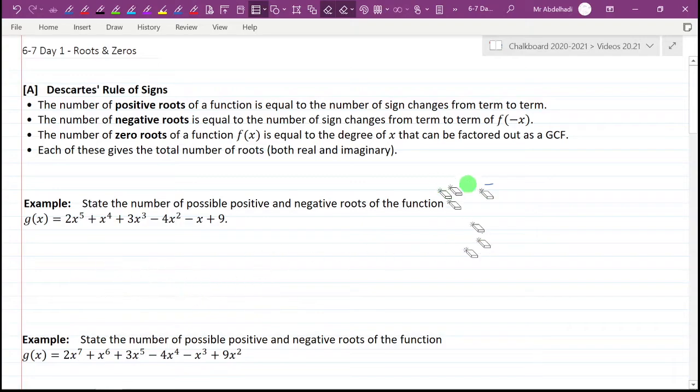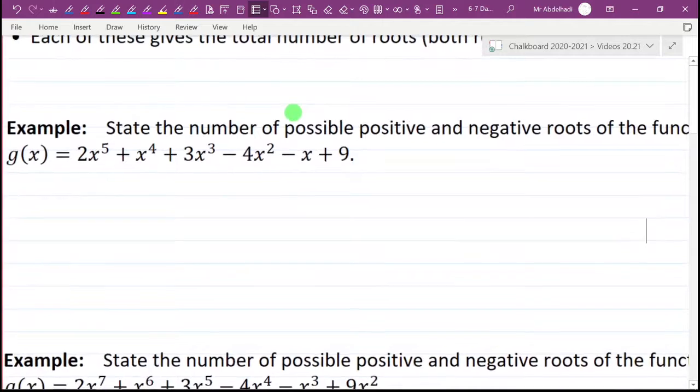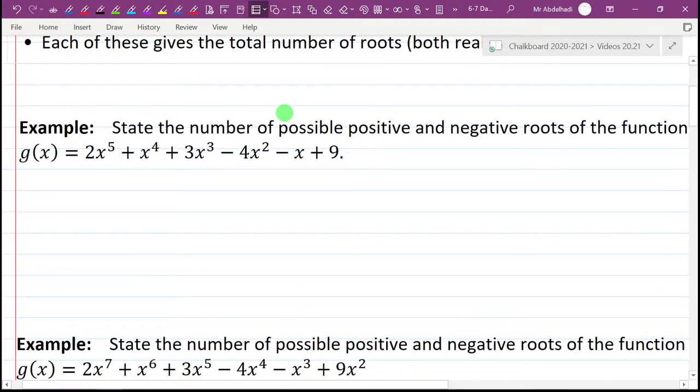Okay, Descartes' rule of signs basically lets you know how many possible positive roots you have, real positive roots, by just looking at how many sign changes there are from term to term. So you look at the function, you go, all right, are there any sign changes, meaning from positive to negative or vice versa? Well, this is a positive term, positive 2x to the 5th. This is also positive, so no change from here to here.